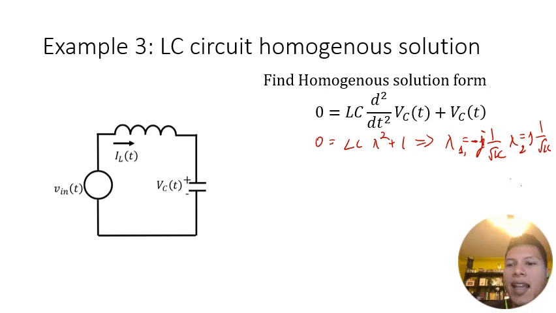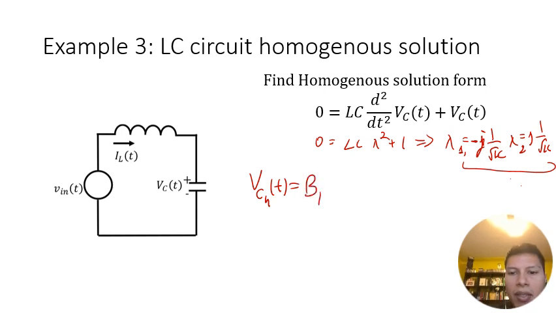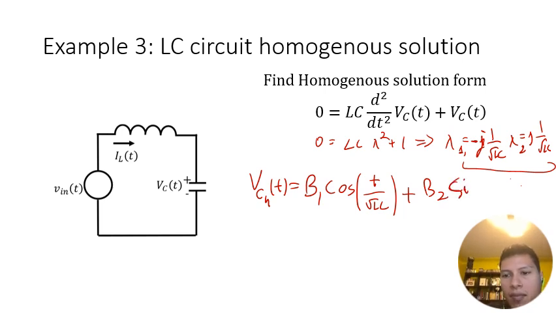And so what we said is that if we have imaginary roots, we would use sines and cosines. So the homogeneous solution, Vc homogeneous of t, is going to be some constant B1 cosine of t over the square root of LC plus B2 sine of t over the square root of LC. And that's basically it.